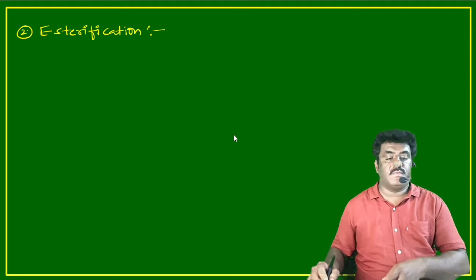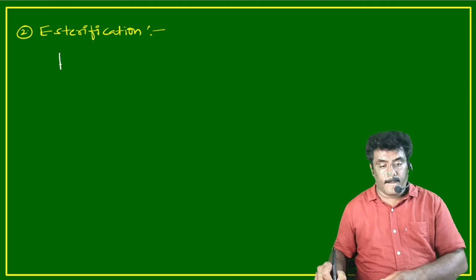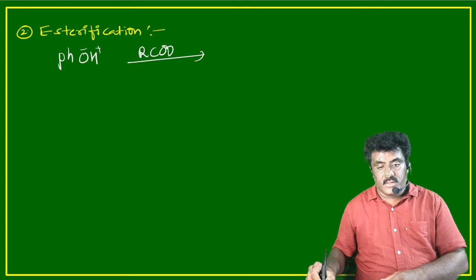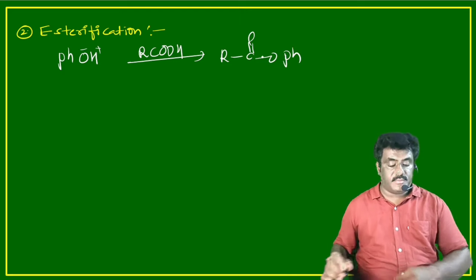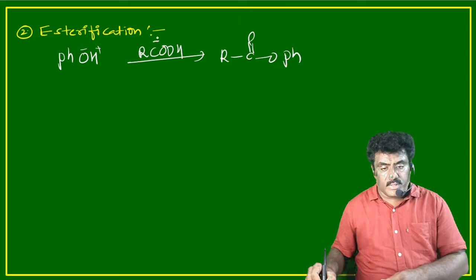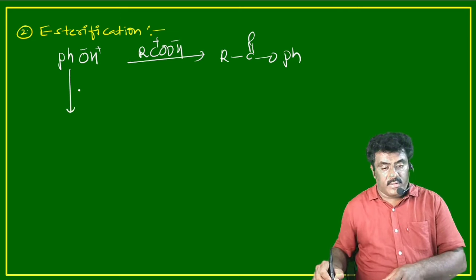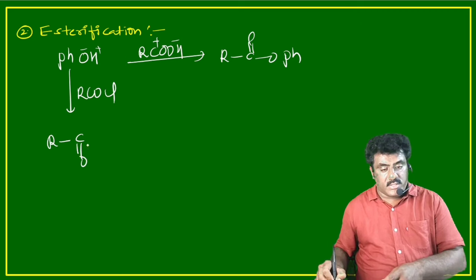Next is the esterification. What is esterification? See, phenol in presence of carboxylic acid or COOH forms RC double bond O pH. Next, phenol with acyl chloride also forms RC double bond O pH.